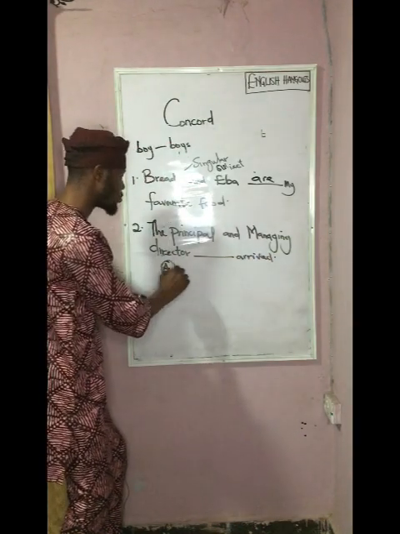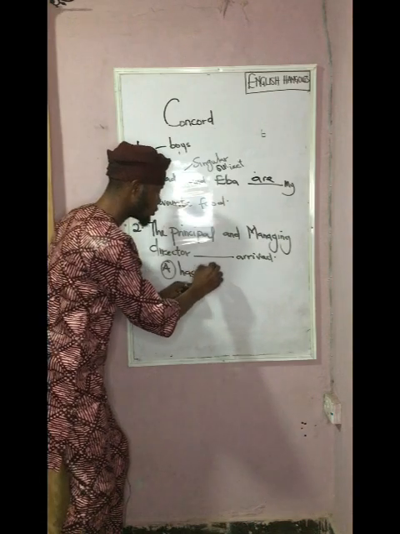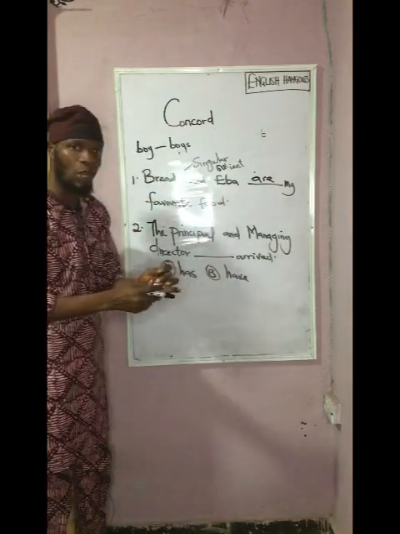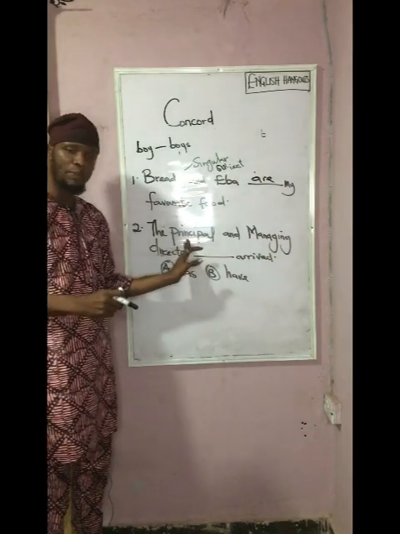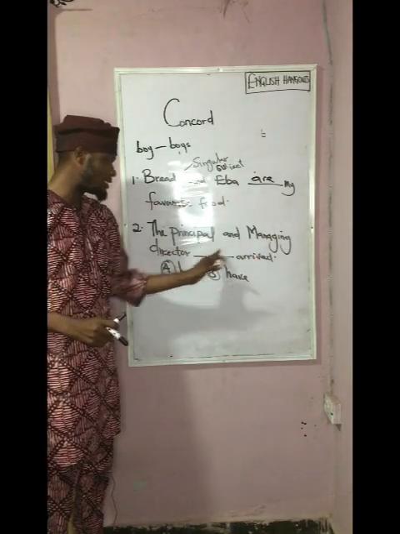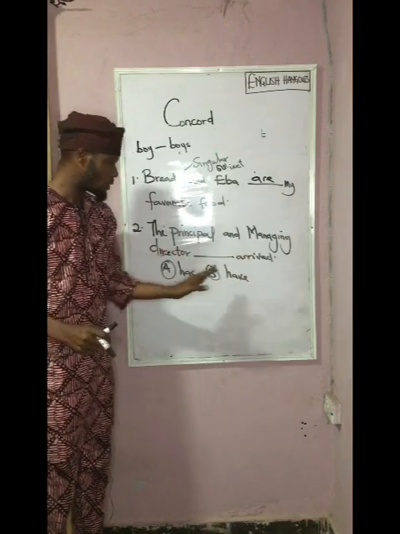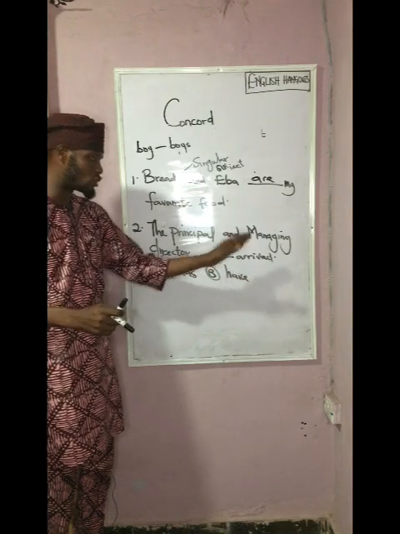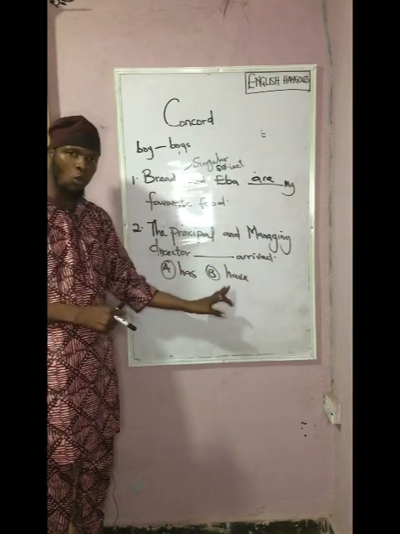Let's assume we have options A, as, option B, have. Here we have the principal, a separate noun. Managing director, also a separate noun. What do you think this particular subject will attract? Will it attract as a verb or have?